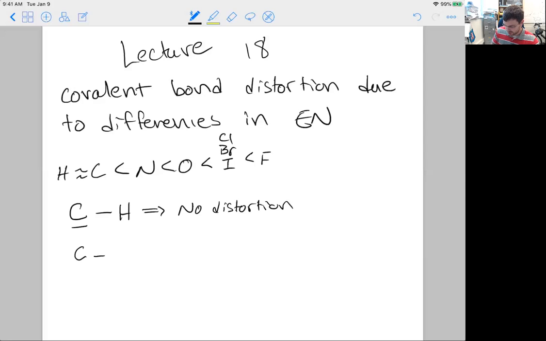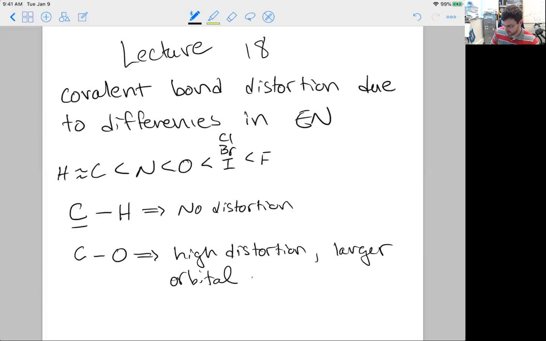If C is bonded to O, we would see high distortion with a larger orbital area, or because it's in 3 dimensions, larger orbital volume over the element O. Okay, so that's just a recap.